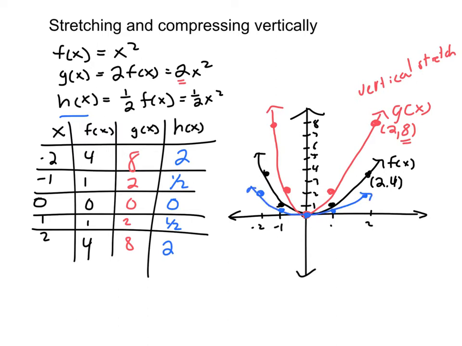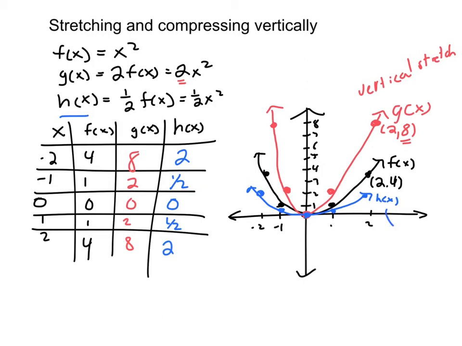Okay, so this is h of x. So h of x, you can see it's been compressed in the vertical direction. Pushed down, you could think of. Stretched means pushed up, and pushed down would be compressed.